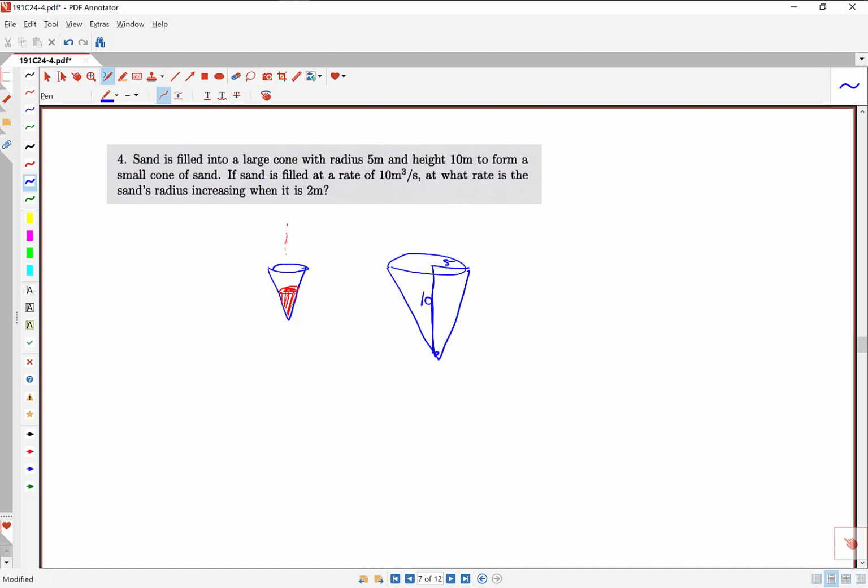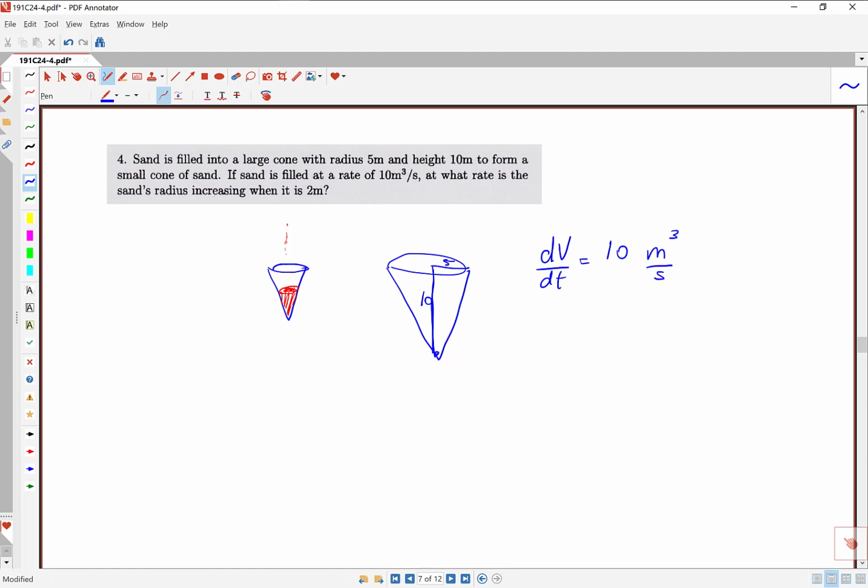Let's say that sand, or we're told that sand is filled in at a rate of 10 cubic meters per second. Wow, that is so much sand coming in every second. So that's the rate of change of our volume, dV by dt, how fast the volume is changing. Positive, because the volume is getting bigger, positive 10 cubic meters per second.